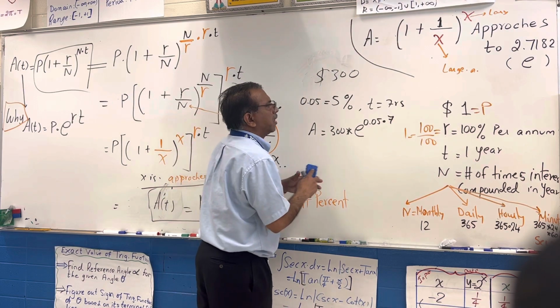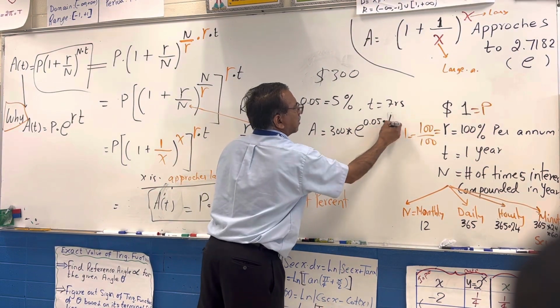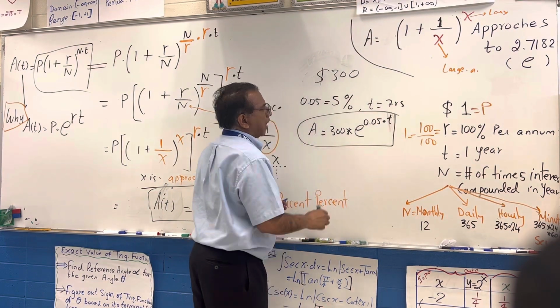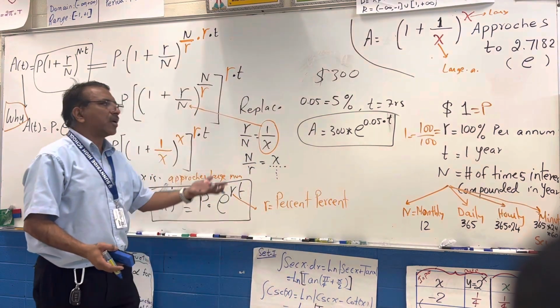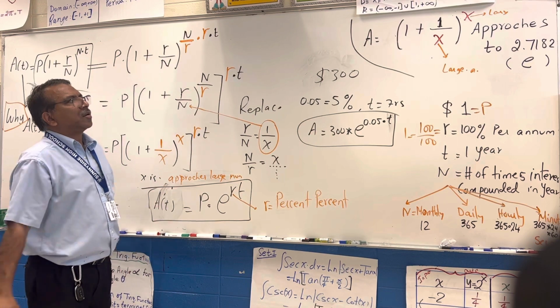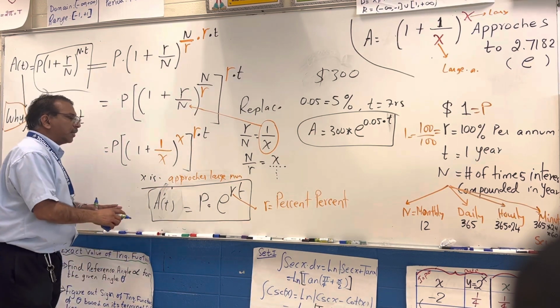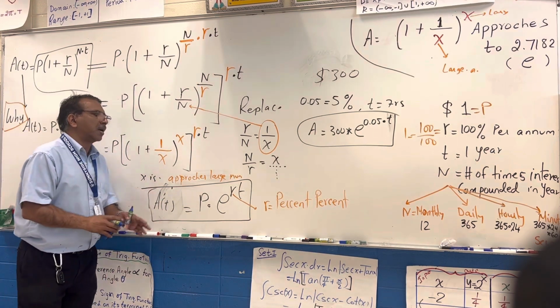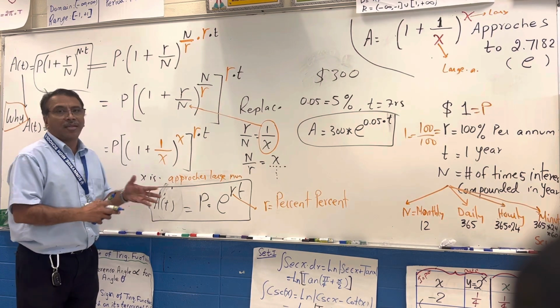Basically the model is A(t), this is how you model the function, and you can figure out any year. So as I wanted to show, where did this formula come from? How did you get this formula?